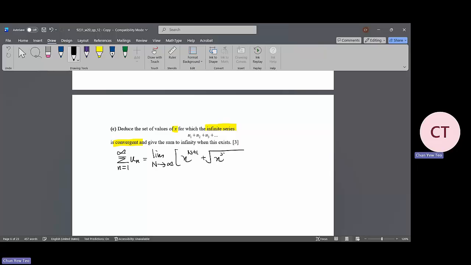So we just copy from the answer in part B. So we are dealing with n to infinity.